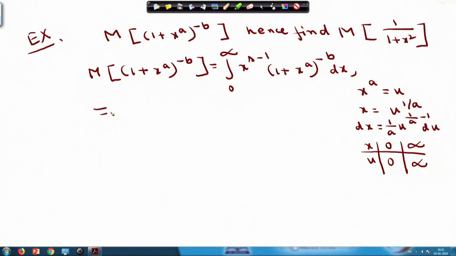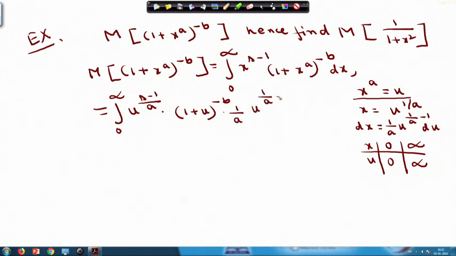If I substitute x to the power a equals u, in that case I will obtain the integral from 0 to infinity of x to the power s minus 1, so that u to the power s minus 1 by a, into 1 plus u to the power minus b, since x to the power a is u, into dx, which I have to replace, that is 1 by a, u to the power 1 by a minus 1, into du.